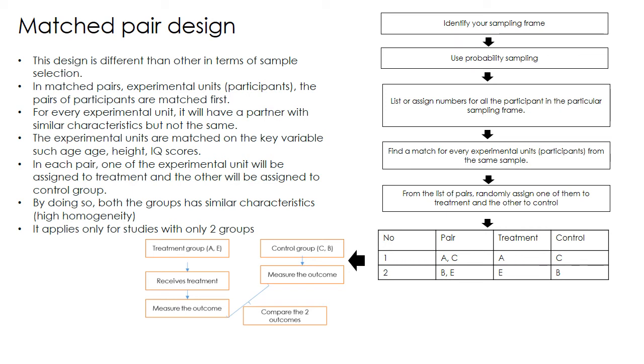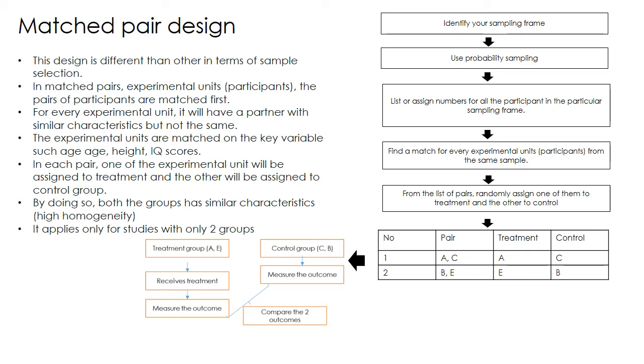So these pairs can be matched using key variables, like for example age or IQ scores or height. Why? Because when you have the same age, the expectation is you will have similar maturity, similar experiences. As I said, we cannot find somebody exactly the same, even there are differences between twins.